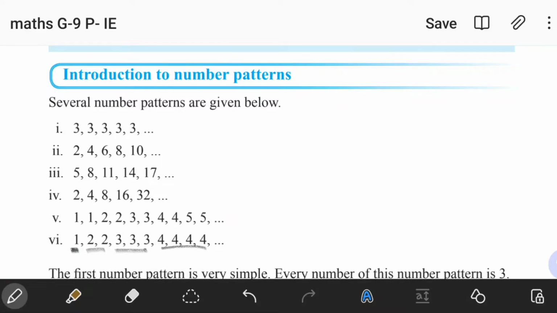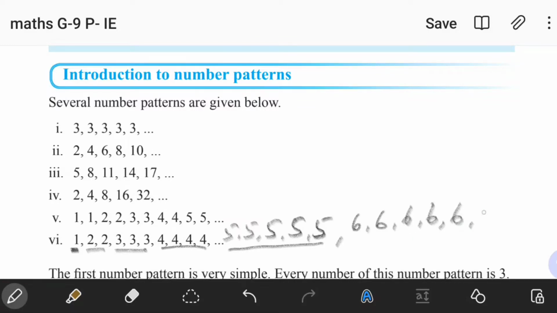So obviously by looking at this pattern, the next numbers will be 5 5 5 5 5, because number 5 should repeat 5 times. The next number will be 6, repeating 6 times. So these will be the pattern.